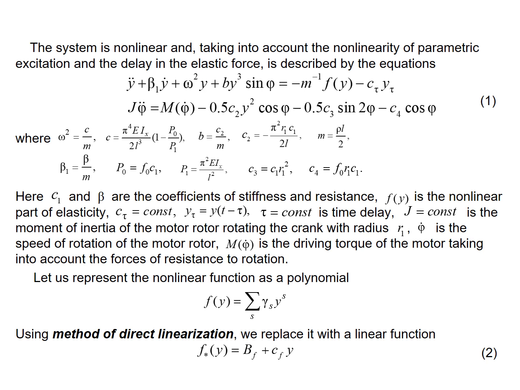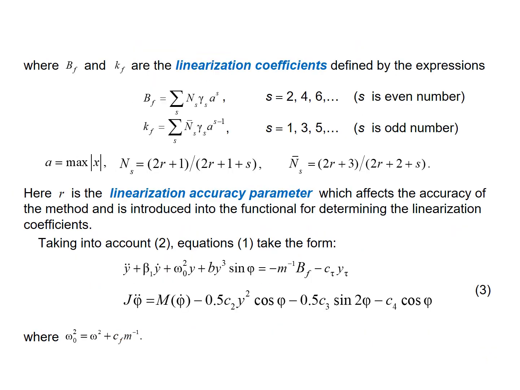to rotation. Let us represent the nonlinear function as a polynomial using the method of direct linearization. We replace it with a linear function, where the linearization coefficients are defined by the expressions.